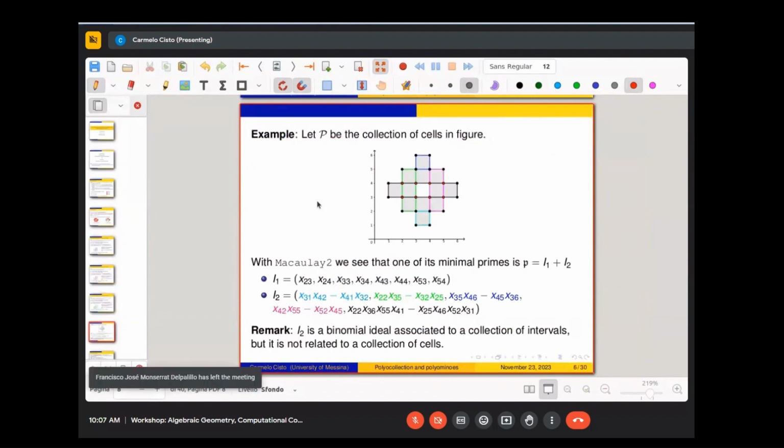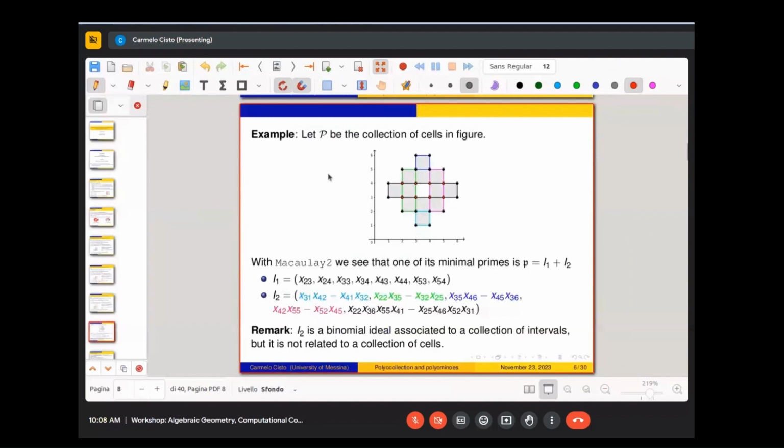In the literature, there are many papers that study this kind of ideals. In particular, the aim is to relate the algebraic properties of the coordinate ring with combinatorial properties of the polyomino, or the ideal associated to a collection of cells.